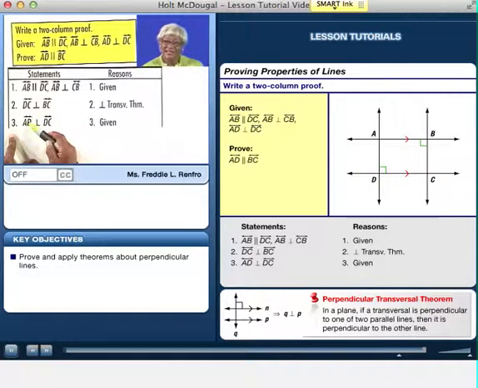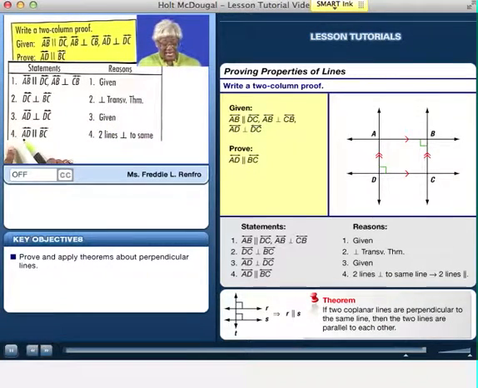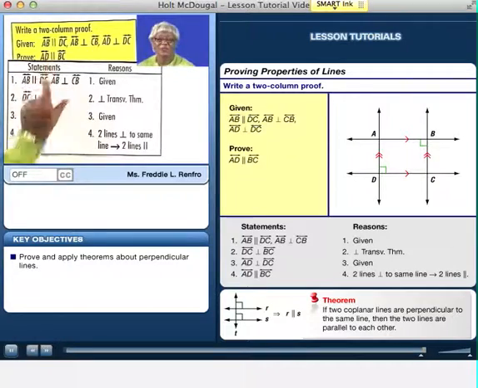Two lines perpendicular to the same line, we can say that what? Line AD is parallel to line BC, because if you have two lines perpendicular to the same line, then those two lines are parallel. And guess what? That's what we were trying to prove.